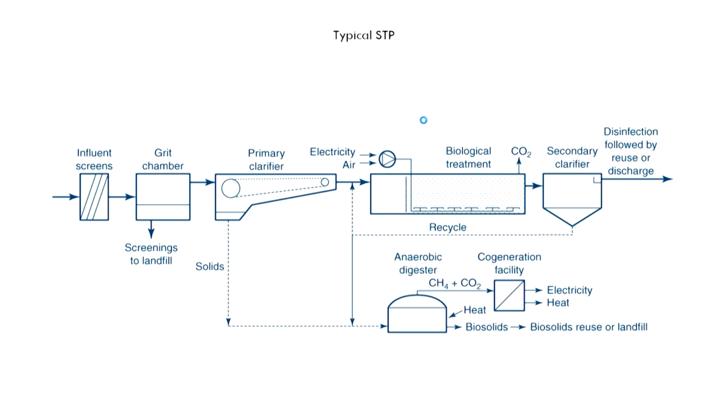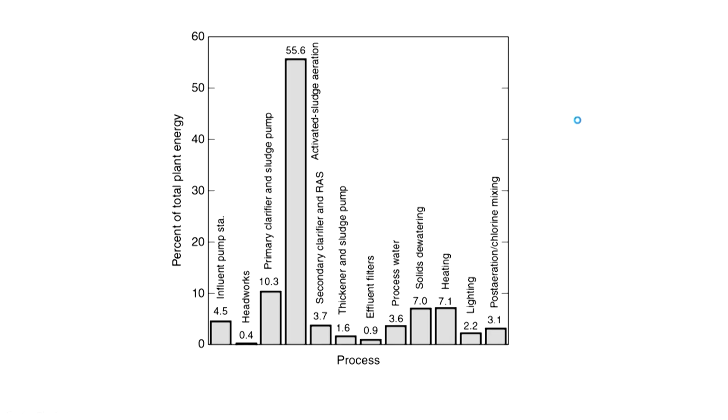So, a typical STP removes suspended solids, organic content, and if required nutrients like nitrogen and phosphorus, but we have not discussed tertiary treatment here. Typically the costs are considerable. A very rough estimate, depending on the size of the plant, is 1 crore per 1 MLD, million liters per day. Again that is a very approximate number, and maintenance costs are also considerable.